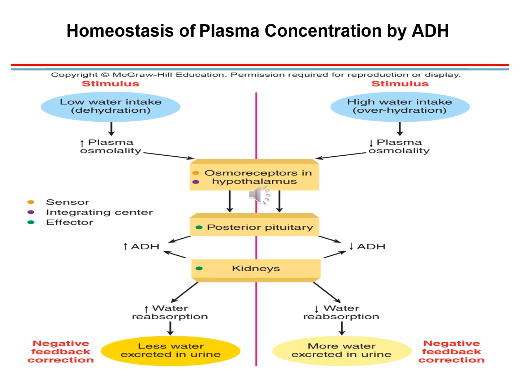Now, the two scenarios are at the top, and I'm going to navigate on the left side, where the patient is dehydrated. The patient can be dehydrated for different reasons, but the most common reason is a low water intake. When there is a low water intake, the plasma osmolarity increases. That increased osmolarity is detected by the osmoreceptors in the hypothalamus. The hypothalamus informs the posterior pituitary to secrete or not.